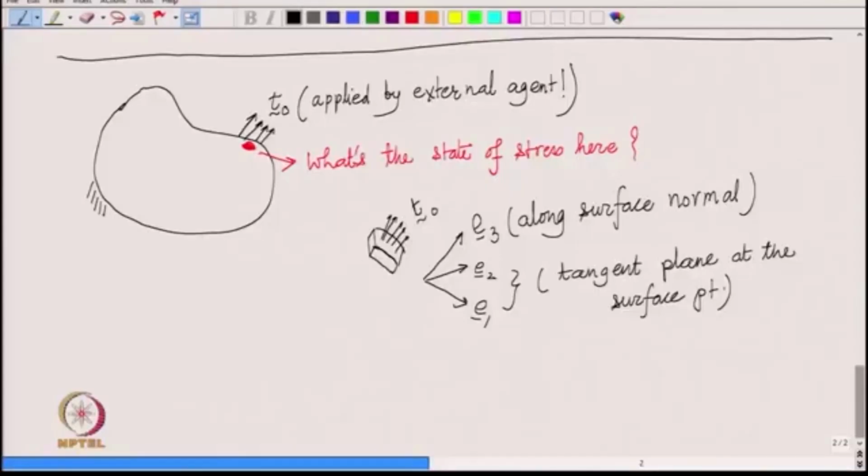So, suppose that the lengths are, so this for example, suppose this is delta 1 and this one, that is delta 3, okay, and this one, that is delta 2, all right.